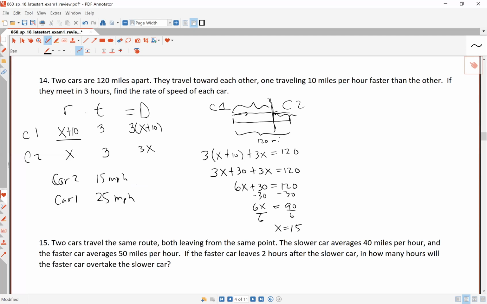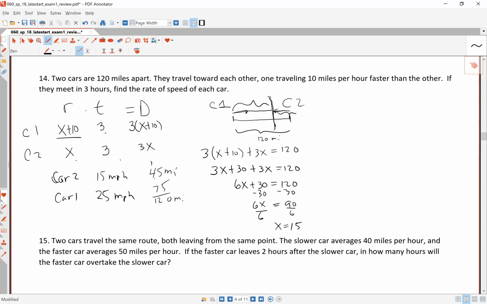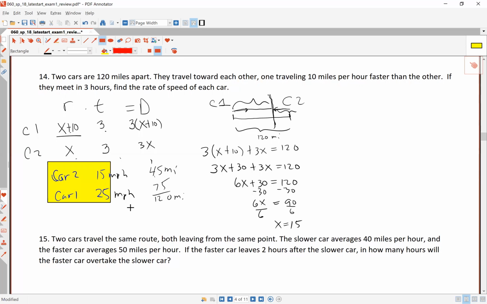And so if we check that, 3 hours at 15 miles an hour is 45 miles. 3 times 25 is 75. And you add this up, that's 120 miles. 15 miles per hour and 25 miles per hour are the speeds.